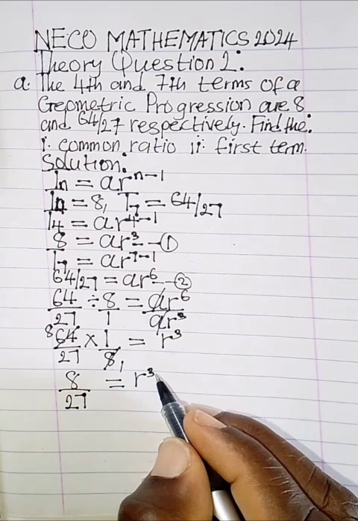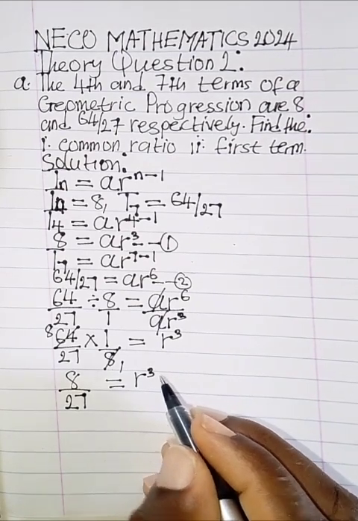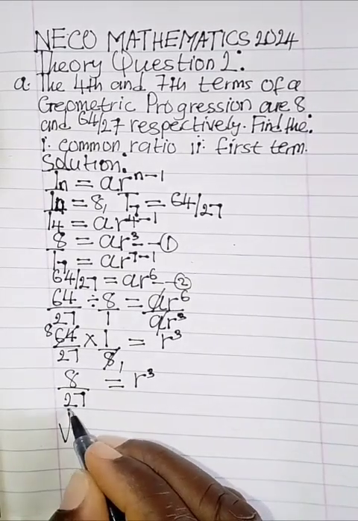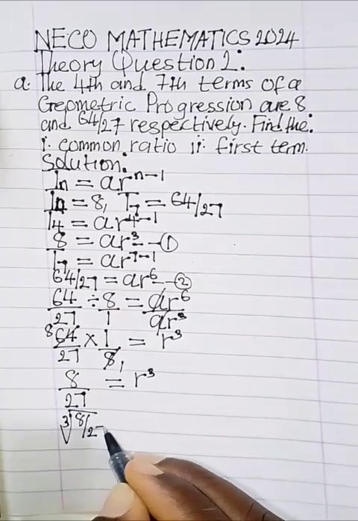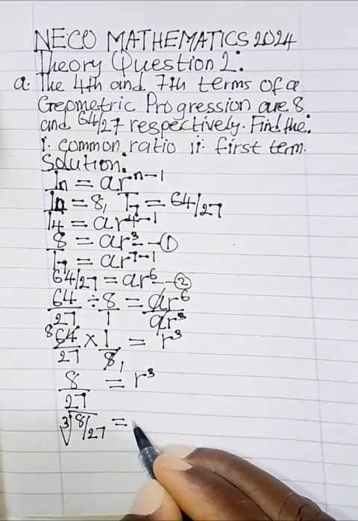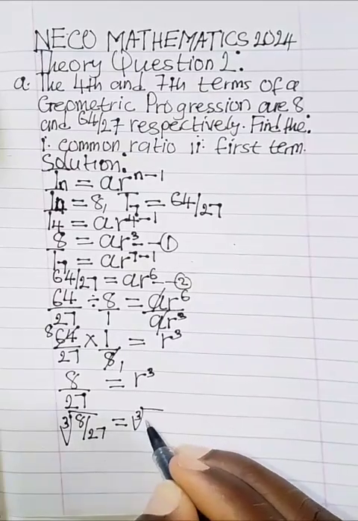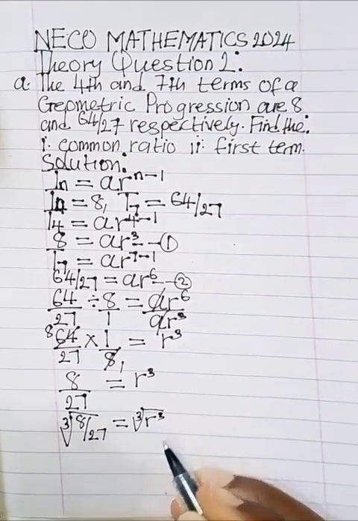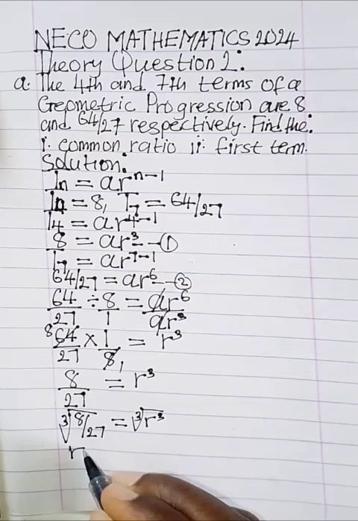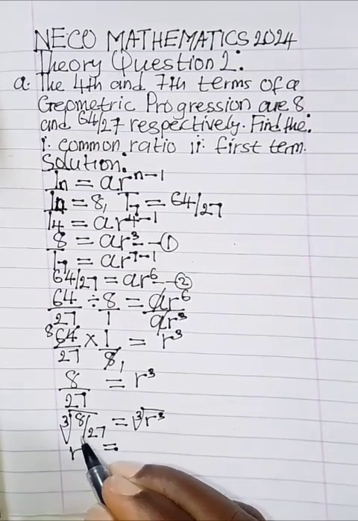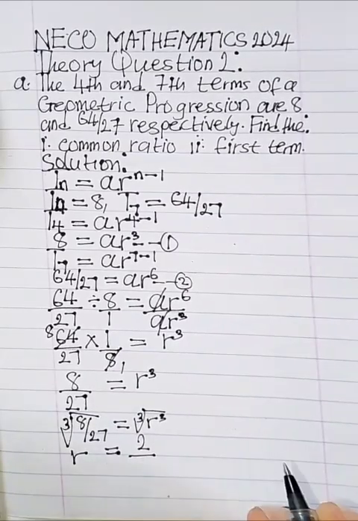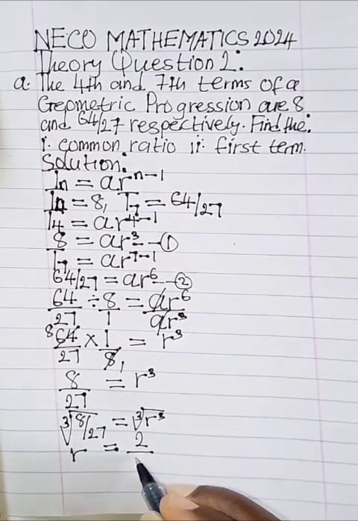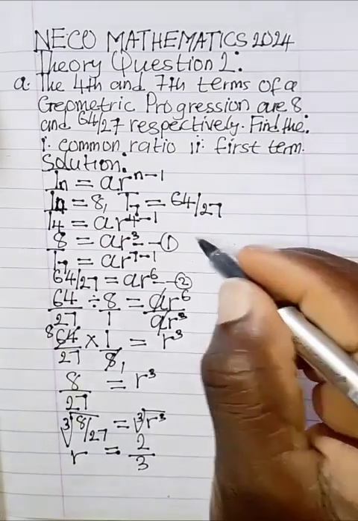To remove the cube, you have to take the cube root of both sides. So we have cube root of 8 over 27 equal to cube root of r cube. From here, we have r equal to cube root of 8, which is 2, over cube root of 27, that is 3.